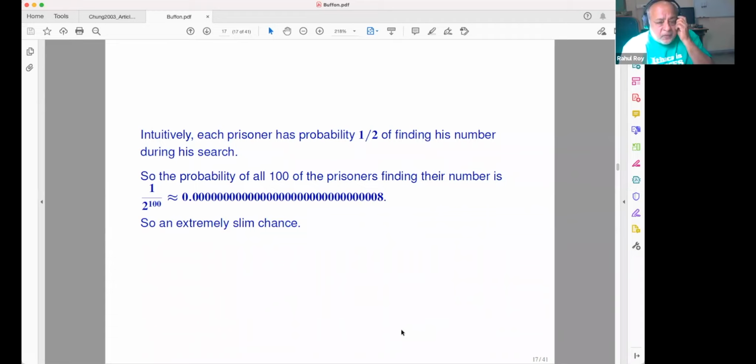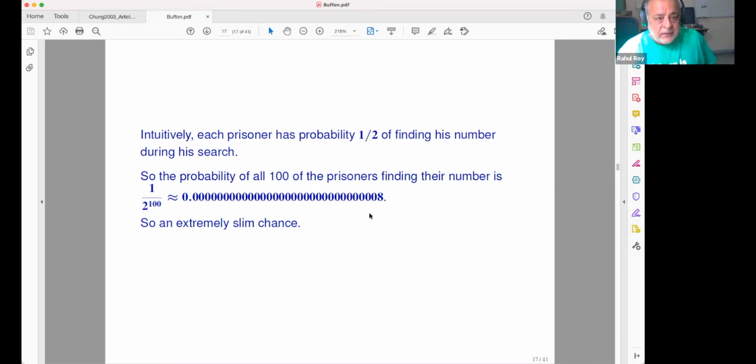So the probability of all 100 of the prisoners finding their own number is 1 over 2 to the power 100, because it's half multiplied by half multiplied by half, and there are 100 of them, and that's an incredibly small number. So intuitively, the probability of them all getting their numbers is very small.